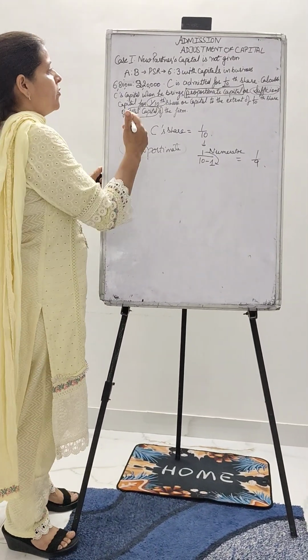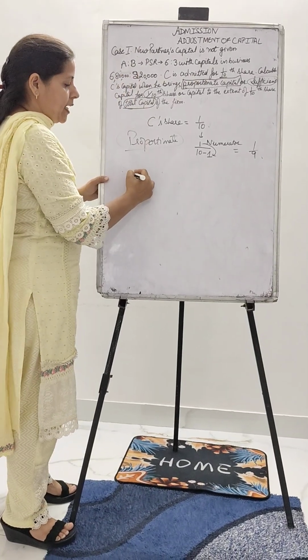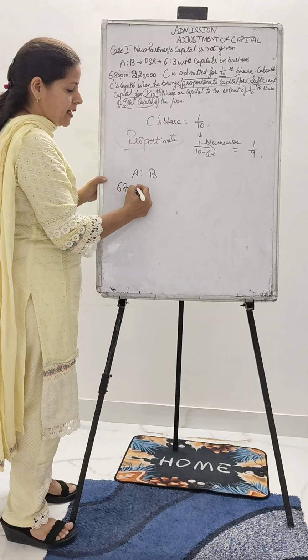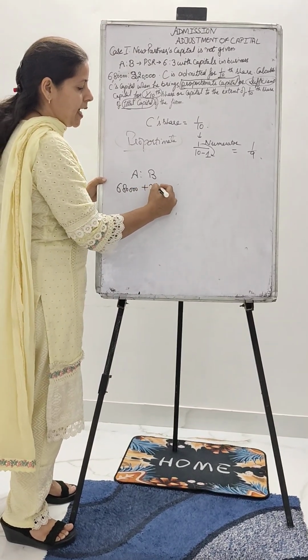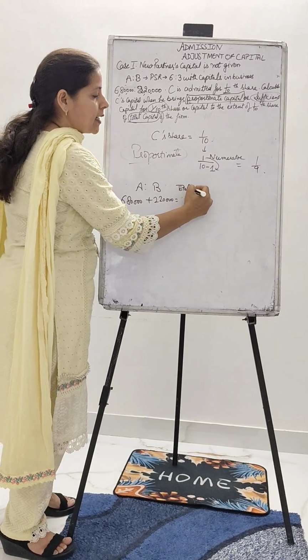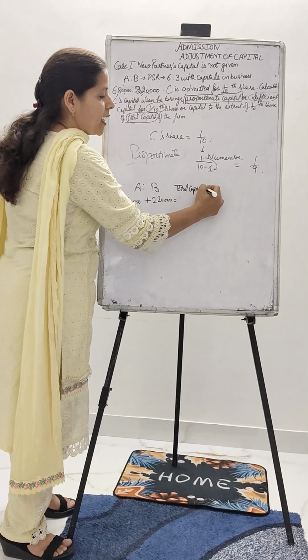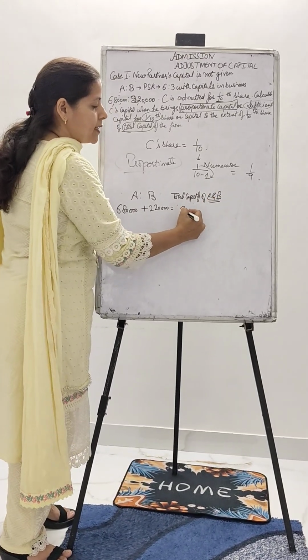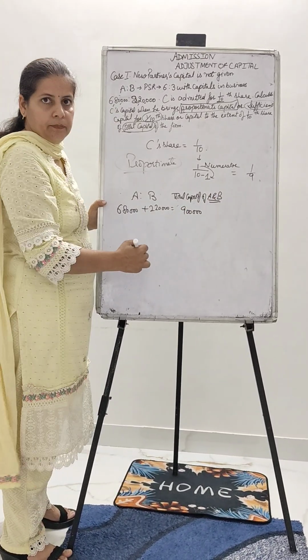So here, A and B are having a capital of 6,80,000 and 2,20,000. What is the total capital of A and B here? That is rupees 9 lakh. Fine.